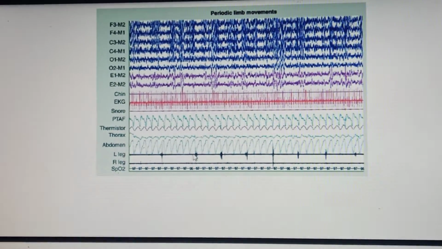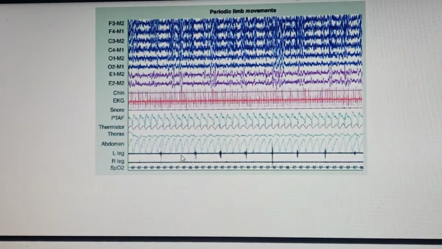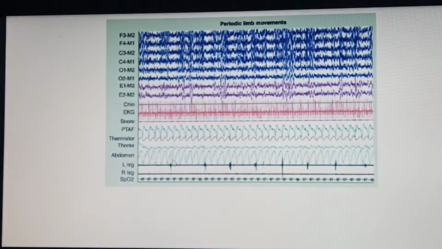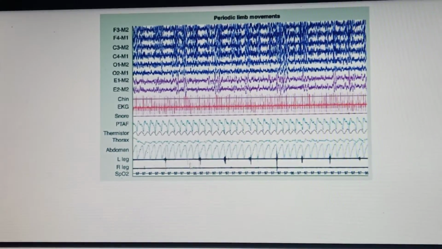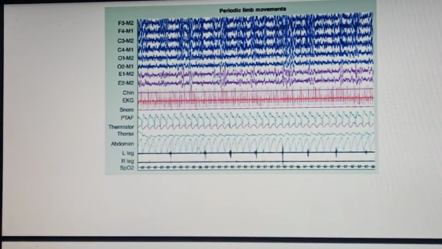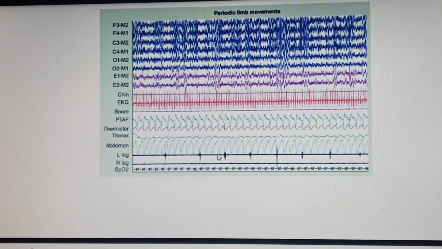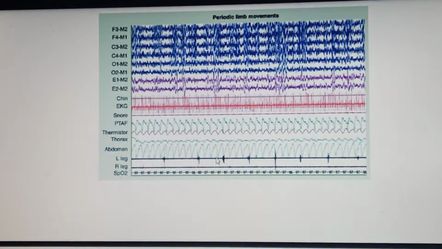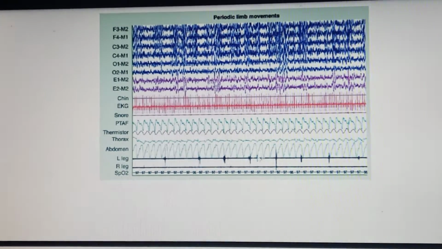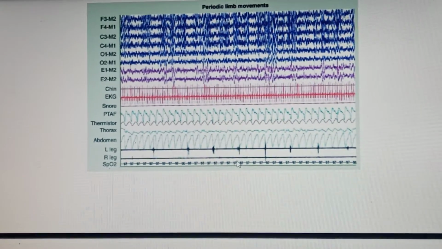If leg movements are within 0.5 seconds, that could be scored as a single leg movement. So to score 2 leg movements, the second leg movement should be after 5 seconds. Then the maximum interval is 90 seconds.